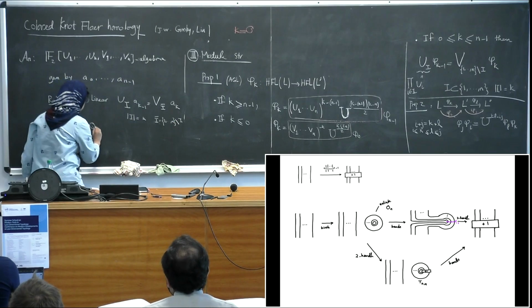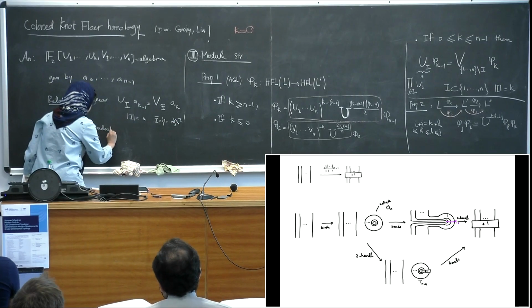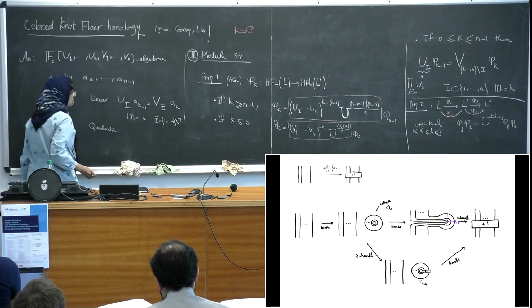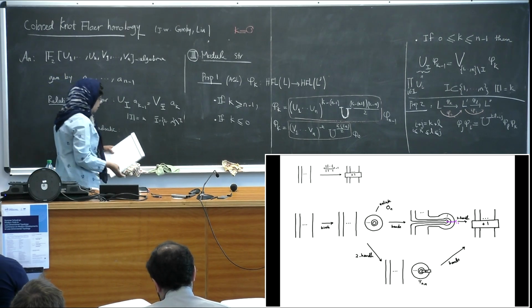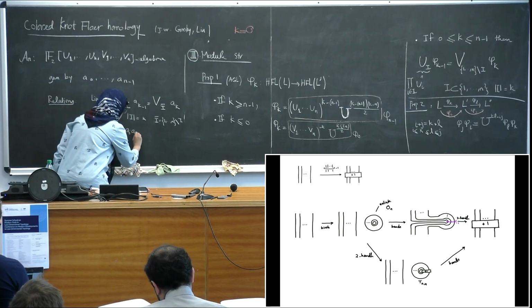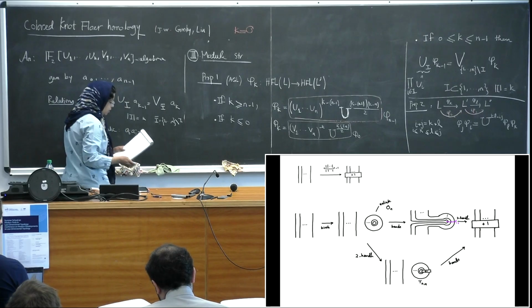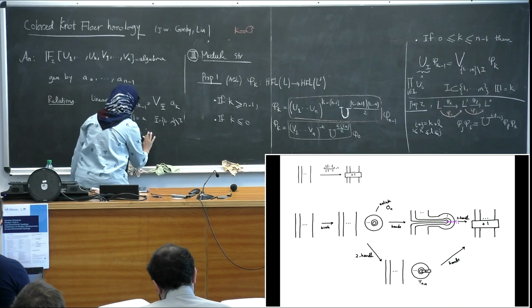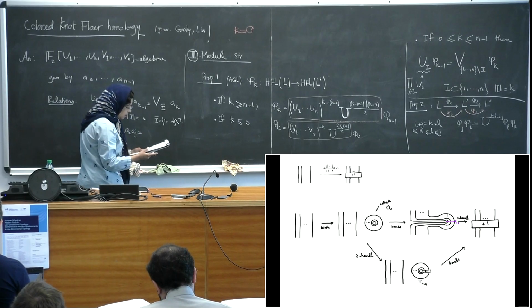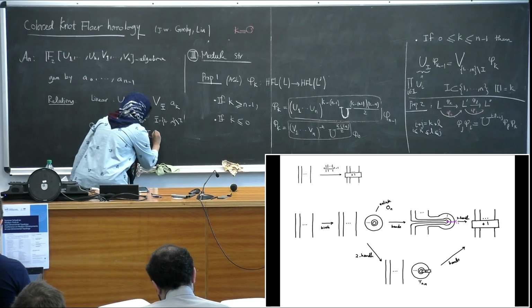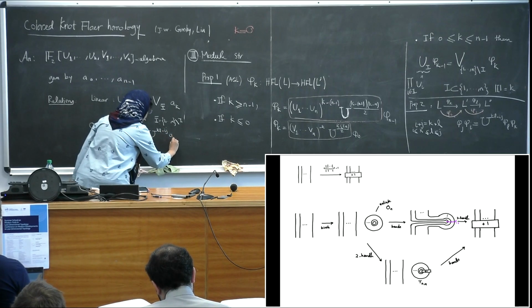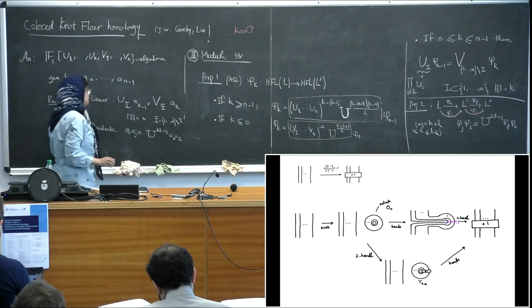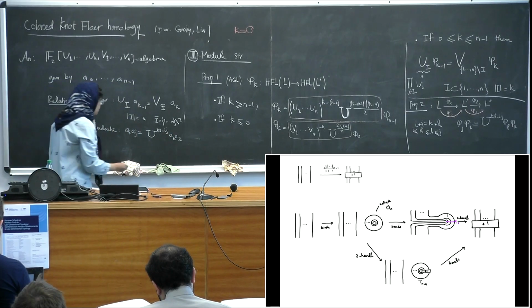And we have quadratic relations, which is A_I A_J equal to U to the KL minus IJ times A_K A_L. And it's a commutative algebra, by the way.